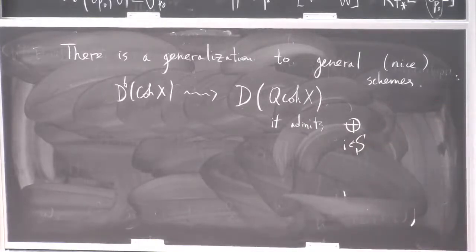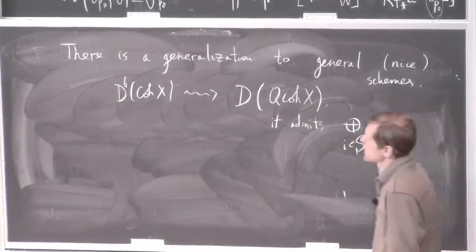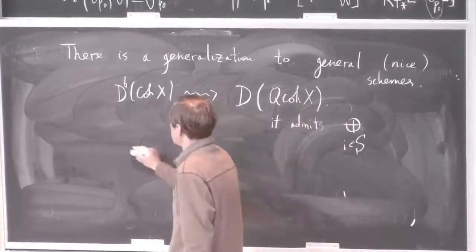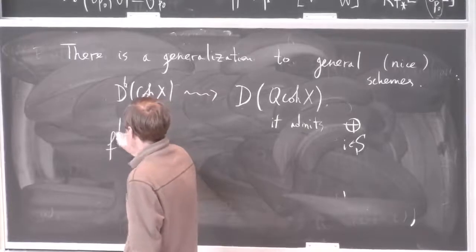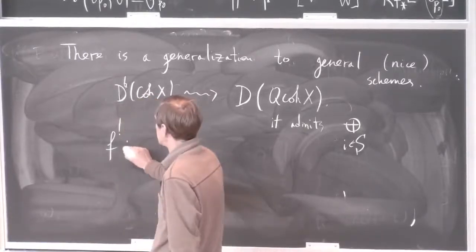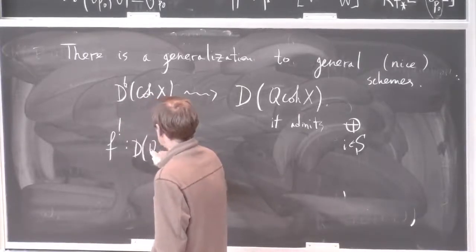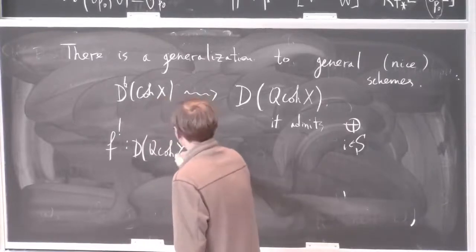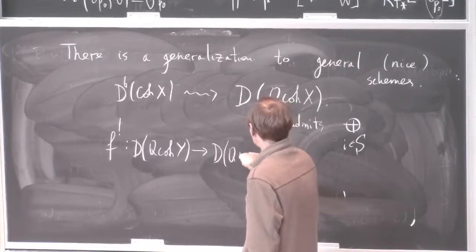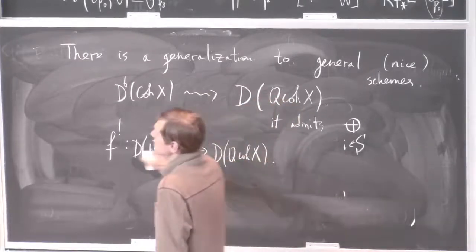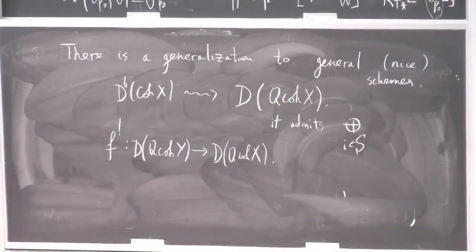And because of this, you can use general representability theorems. Using general representability theorems, one constructs this right adjoint functor from the unbounded derived category of quasi-coherent sheaves on Y to the unbounded derived category of quasi-coherent sheaves on X. And this isomorphism still holds in this setup.